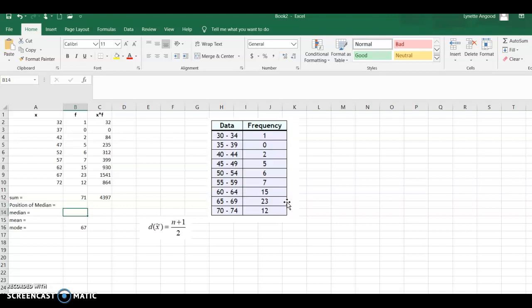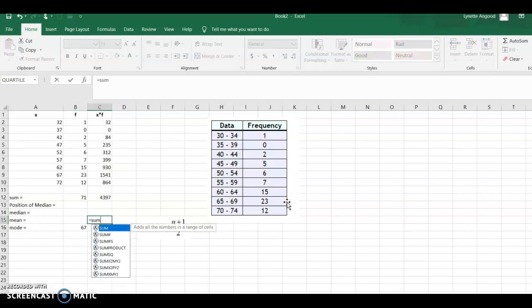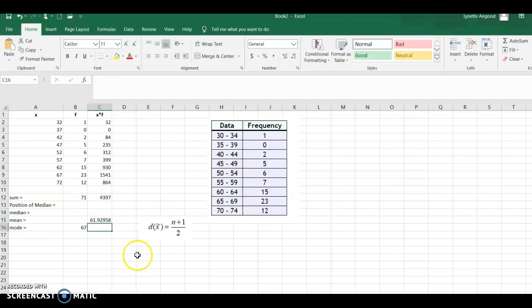So now to find my mean, I'm going to take that sum of 4,397, click on the cell that contains it, and divide by the sum of my frequencies, 71. My average here is 61.926 if I round that to 3 digits after the decimal point.